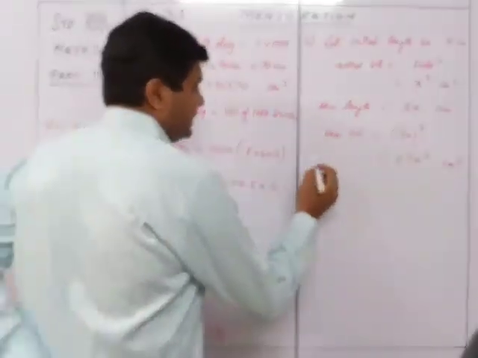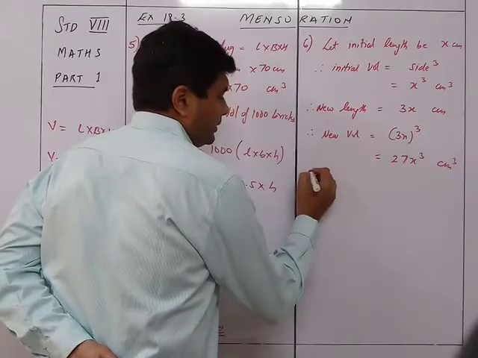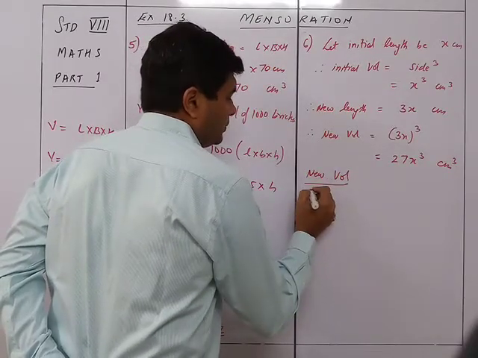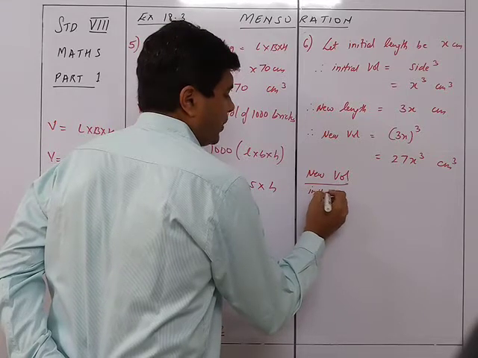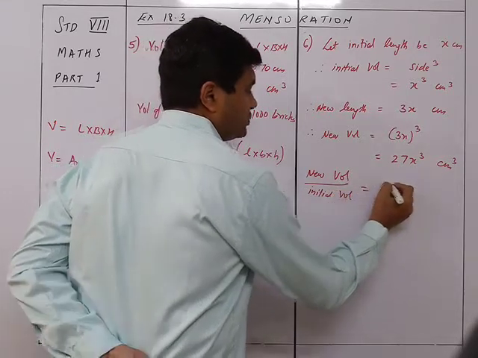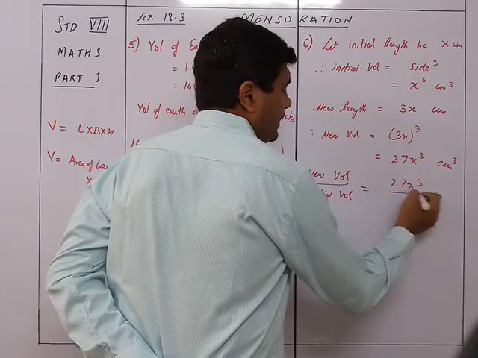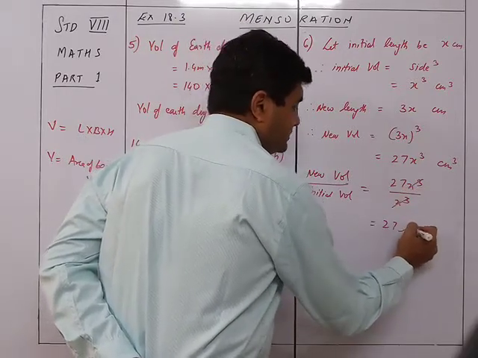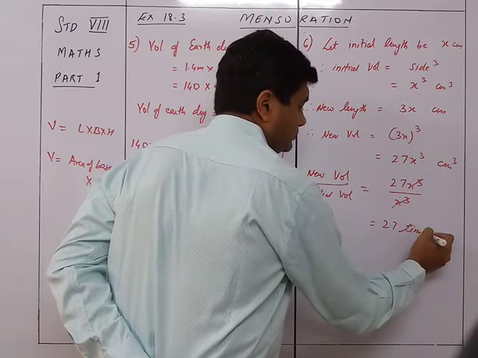So you can see that between this and this, what is the ratio? Therefore we can say that new volume upon initial volume is equal to 27x cube upon x cube. So therefore it is 27 times more.